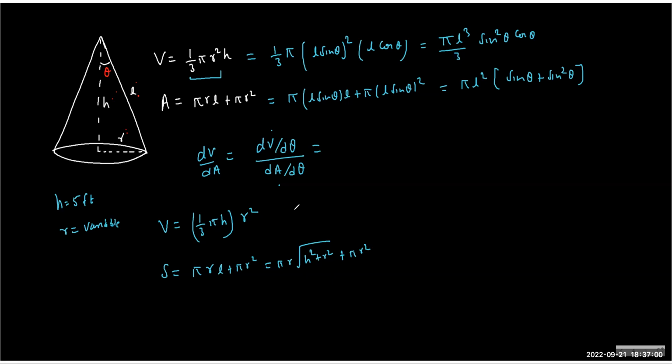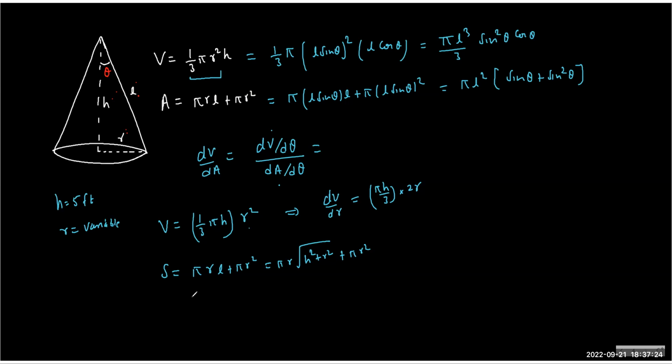So let's differentiate both with respect to r, because r is the only variable. So dV by dr is how much? Pi h by 3 common, and what is the differentiation of r square with respect to r? 2r.